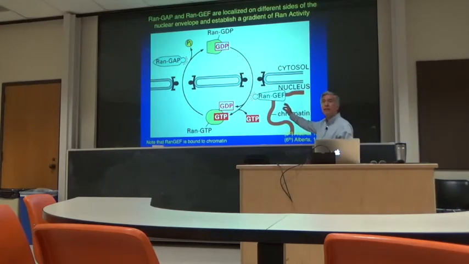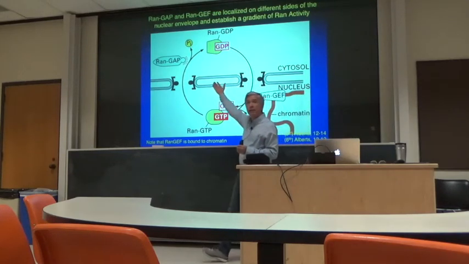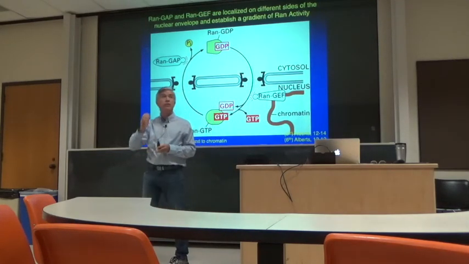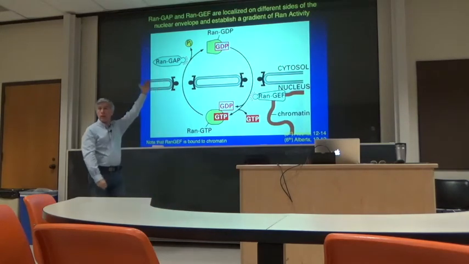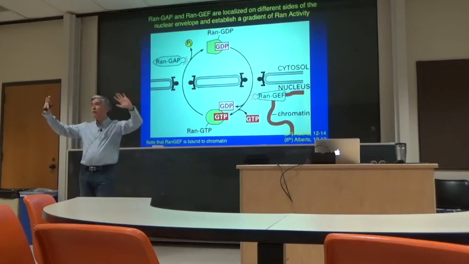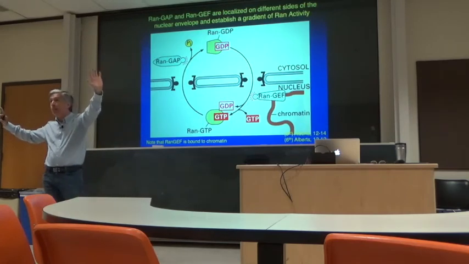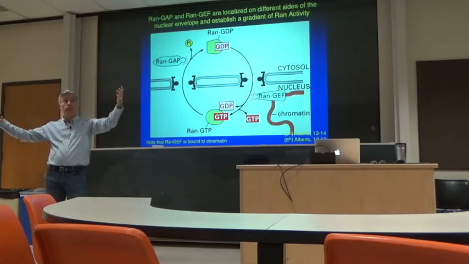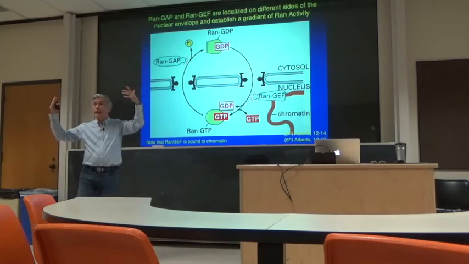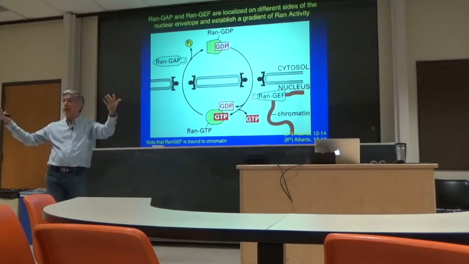RAN-GEF is a protein that itself is localized inside the nucleus. RAN-GAP, on the other hand, is a protein that exists on the cytosolic side of the nucleus. So the difference in localization of the GEF and the GAP is going to set up a different activity of RAN in those two locations.